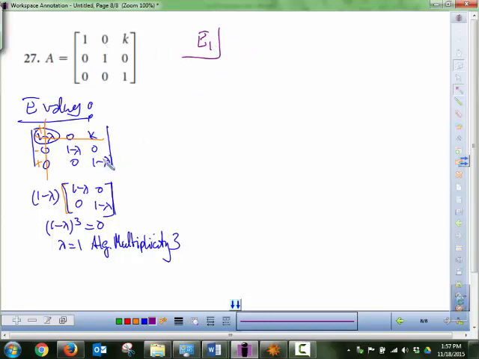We get, what do we get? So we'll take this matrix. We want to find a null space when lambda is equal to 1. So I have 0, 0, k, 0, 1 minus 1 is 0. So the whole thing goes to 0, except for that k.